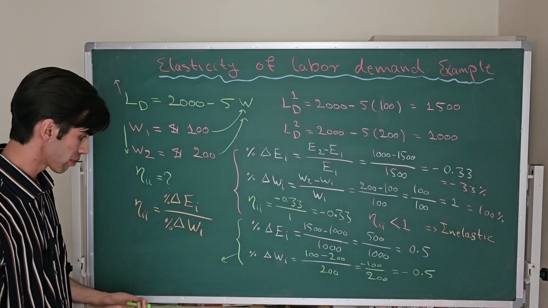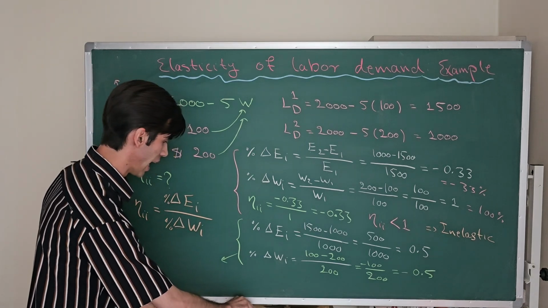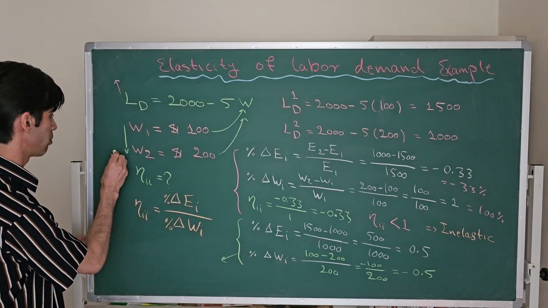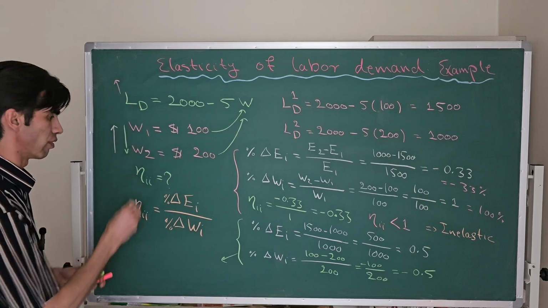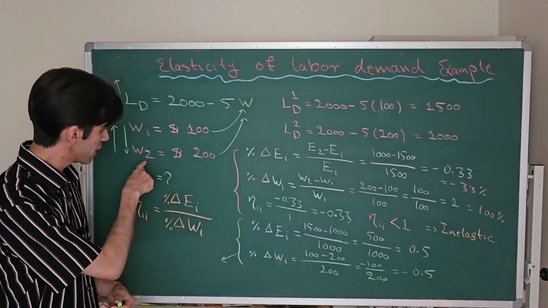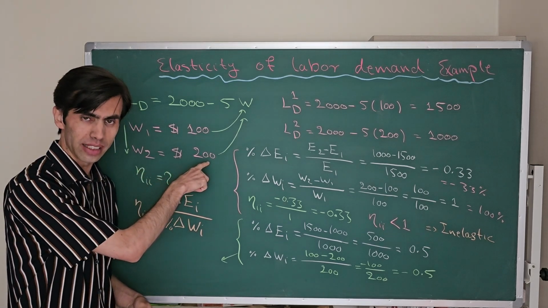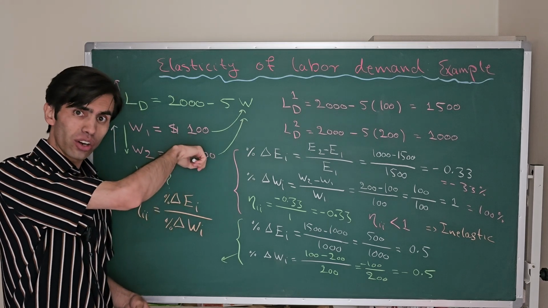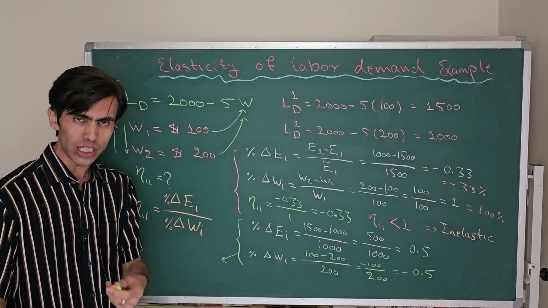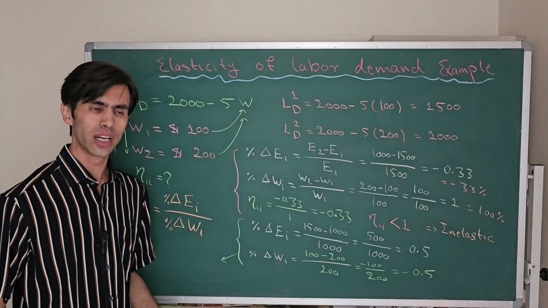For example, if the wage level moves from W2 to W1, it means the initial wage rate is 200, but the wage rate declined to 100. So now let's find the elasticity of labor demand.